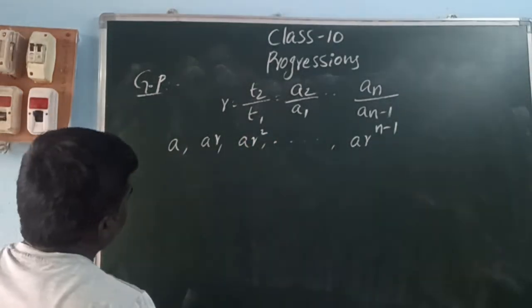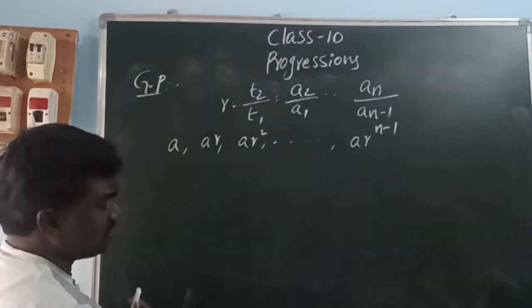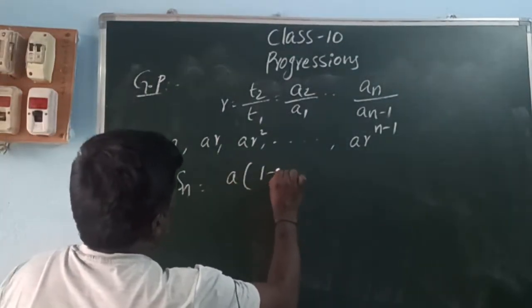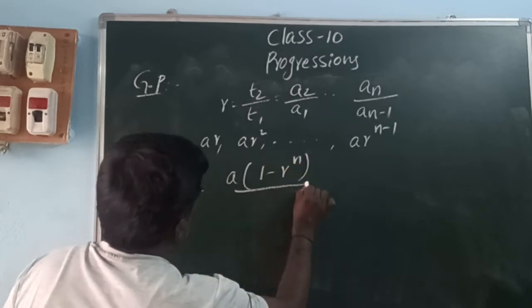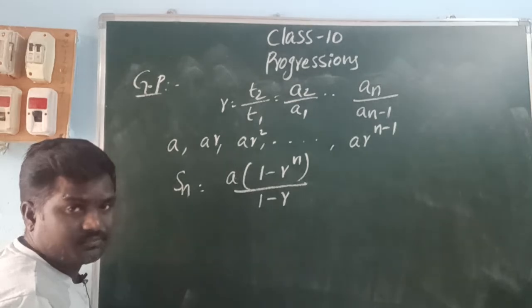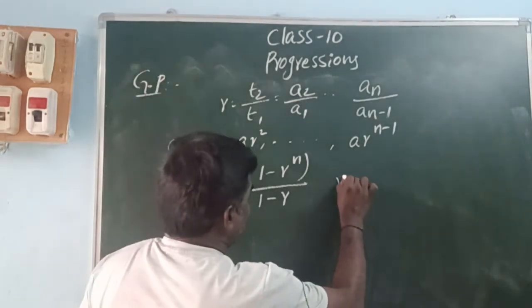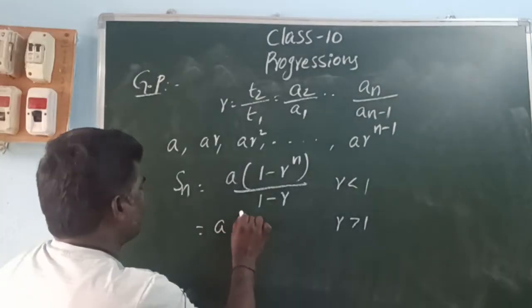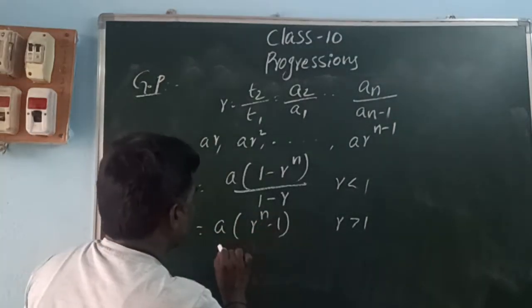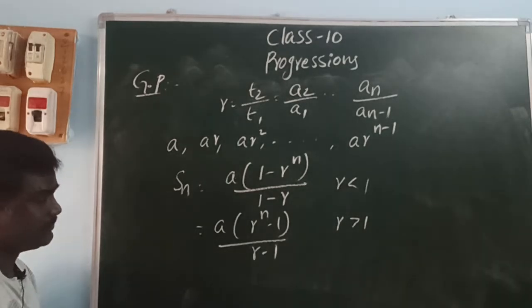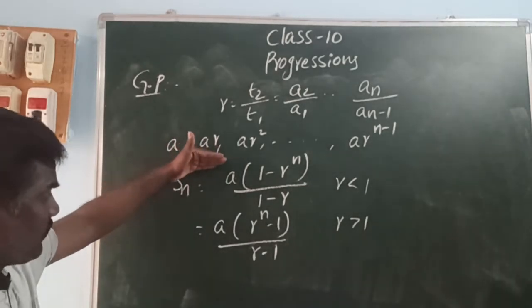So the sum of n terms of the geometric progression is Sn is equal to a of 1 minus r power n by 1 minus r. Here two conditions are there: r is less than 1, and r is greater than 1, that is a of r power n minus 1 by r minus 1. This is the sum of n terms.